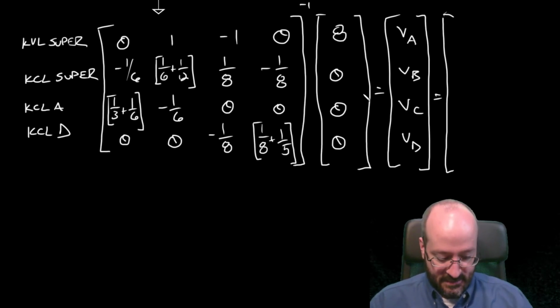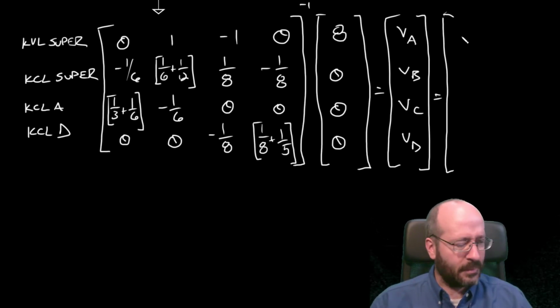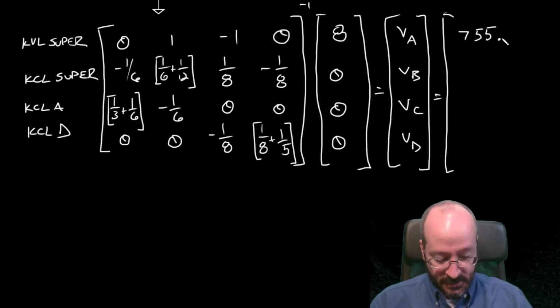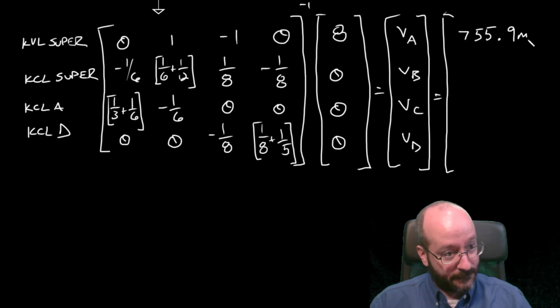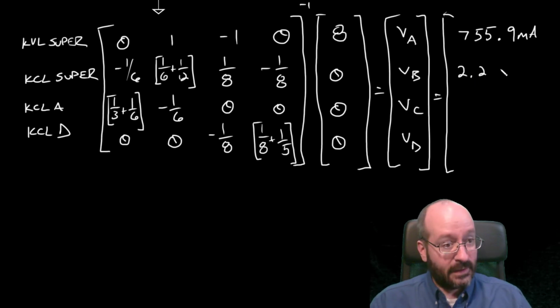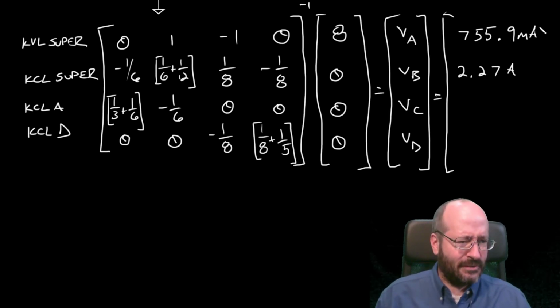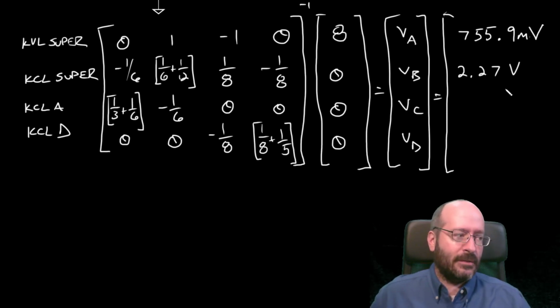And we get, man, I hope I'm right. These don't look as familiar to me, but my mind's kind of awash in all of these numbers, so could happen. Let's go with it. 755.9 milliamps, 2.27 amps. Amps? Volts. Volts. Think about your units. 755.9 millivolts. 2.27 volts.